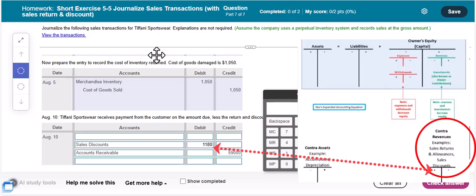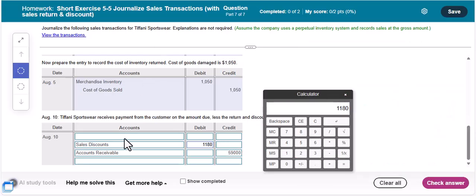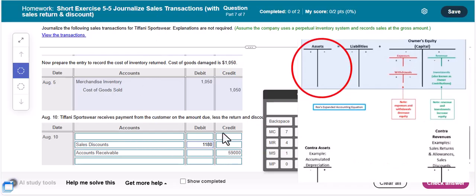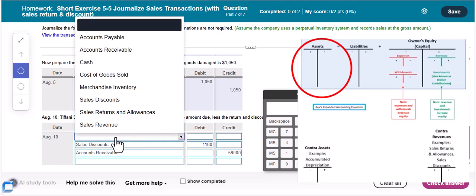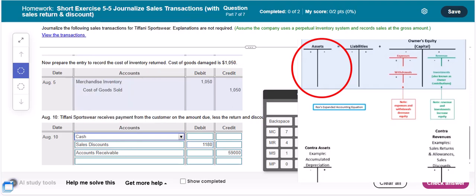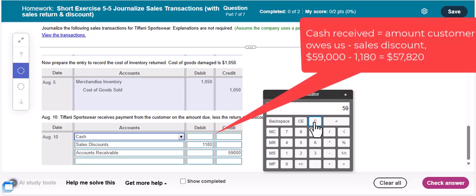And now we need to figure out how much they are going to pay us in cash here to balance this transaction. So that is going to be another debit. So 59,000. Then we're going to subtract out that discount because then they owe us less. So that 57,820 is the amount of cash they're going to receive.